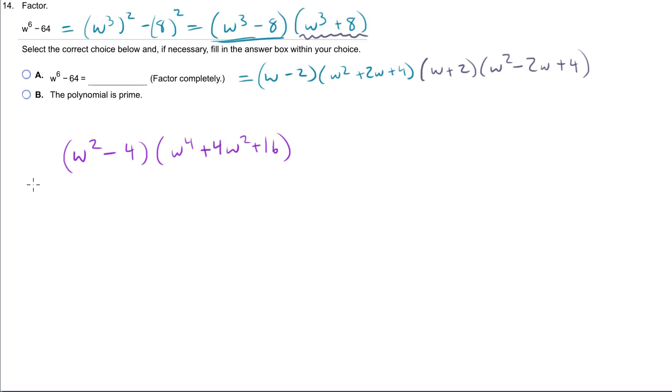And this would break apart up front to w minus 2, w plus 2, and then this, goodness, I don't think I would have seen that this breaks apart into these two right here. That quartic, fourth degree one. I don't think I would have seen that happening, but it does.